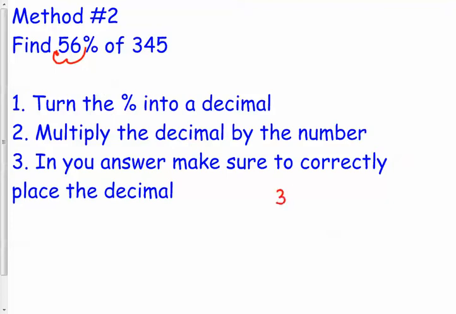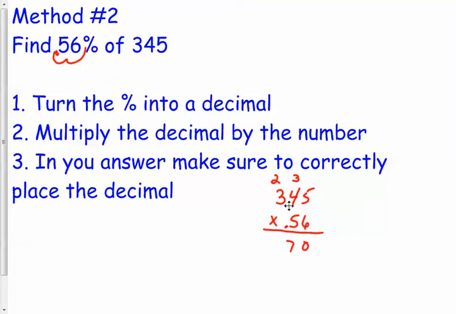So we're going to take 345, because it has more digits, I'm going to put it on top. And then 56 on the bottom. All right, now we're going to just ignore the decimal at first. So this is going to give me 30. So I'm going to put a 3 at the top. So then 6 times 4 gives me 24, plus 3 more is 27.